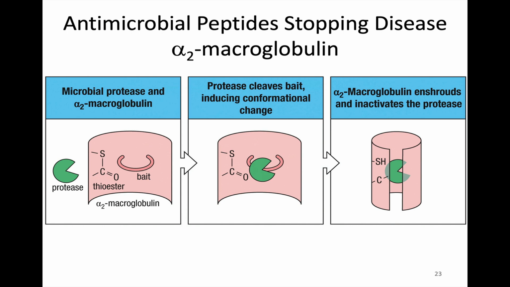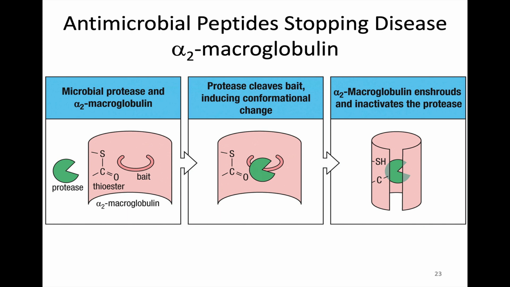And so there are some antimicrobial peptides, like this one here, alpha-2 macroglobulin, that is basically a protease bait. And it's just a protein that has a site to bind up any of those proteases. When a protease binds, alpha-2 macroglobulin changes its conformation and traps the protease. And is now like, haha, you can't go hurt the rest of the organism.